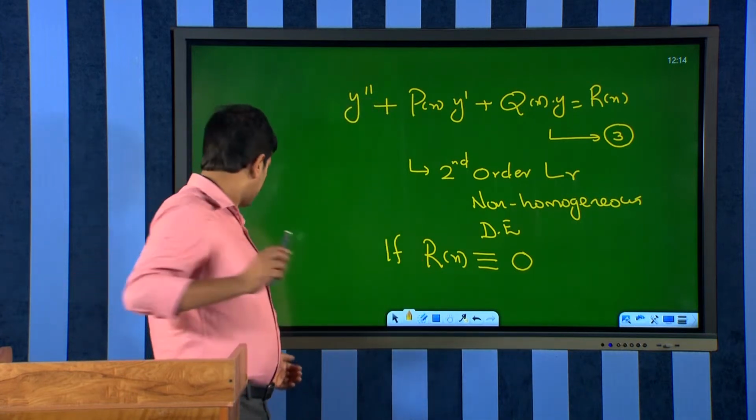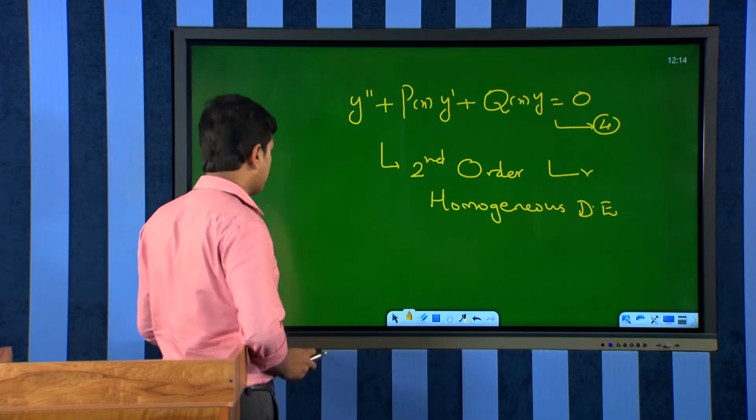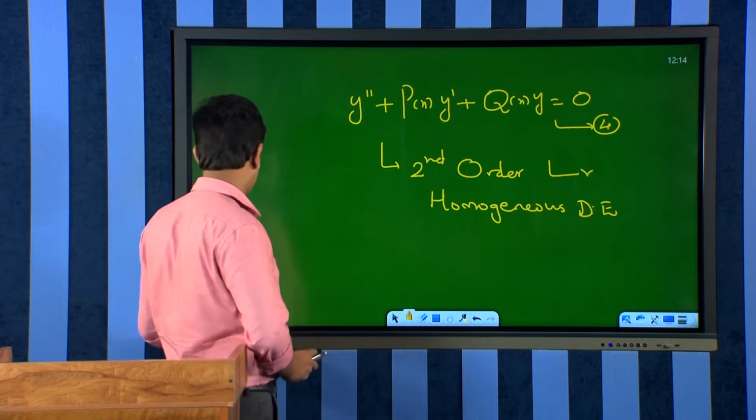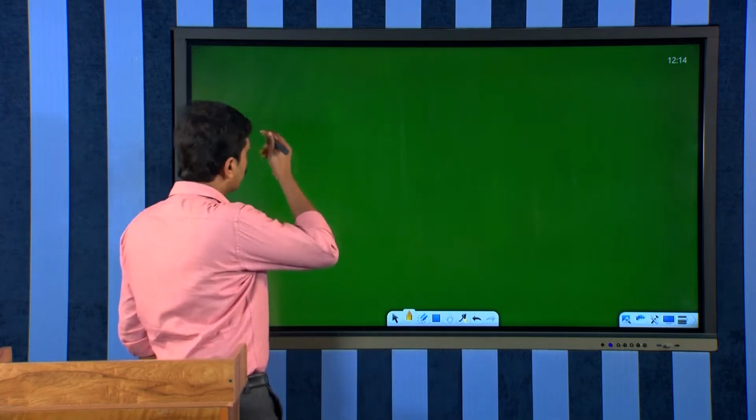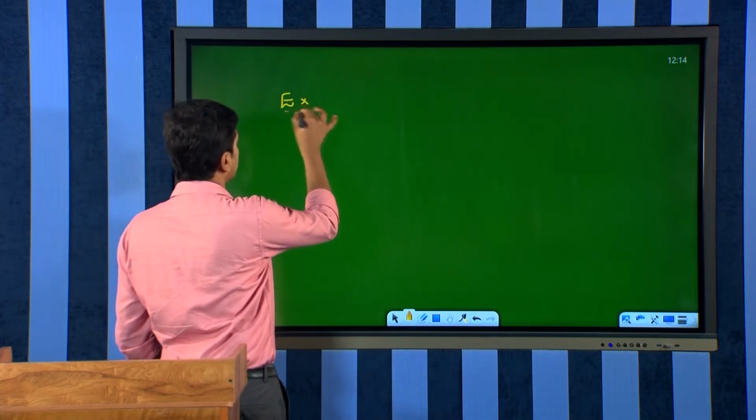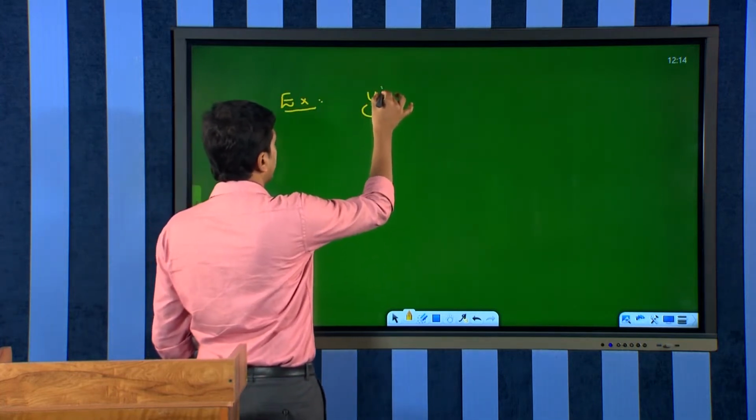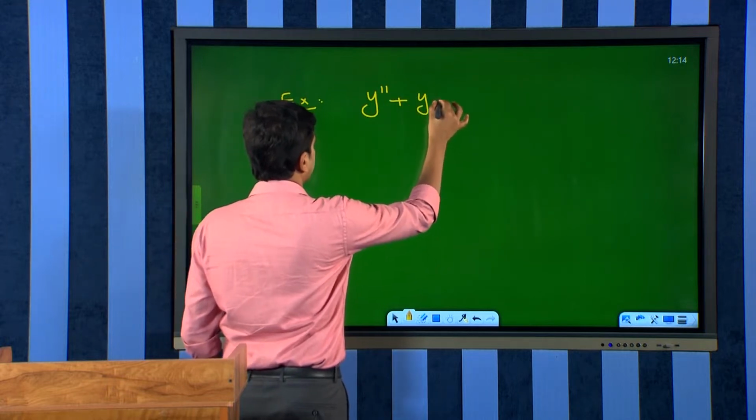While discussing, I will give you some examples of the homogeneous linear differential equation. In this example, y double dash plus y is equal to 0.